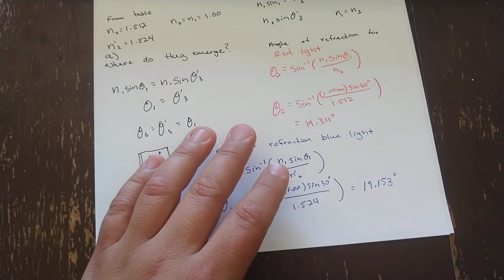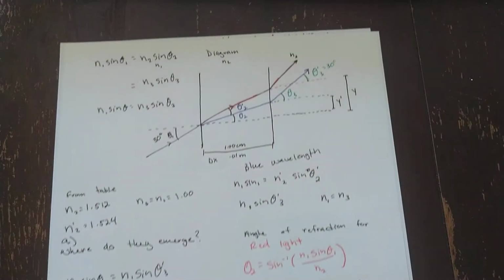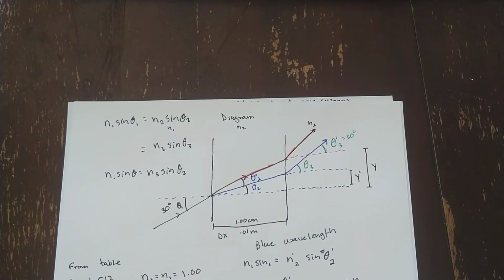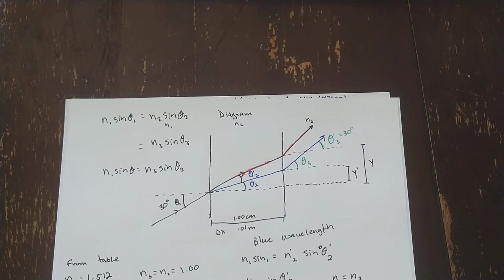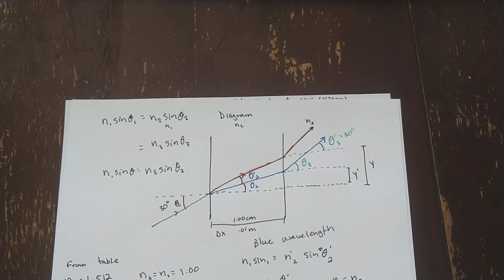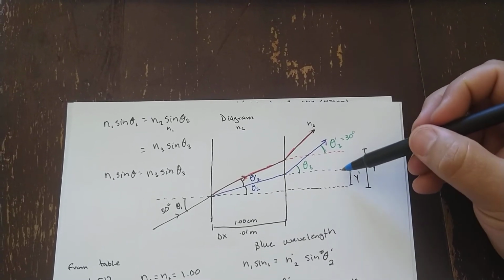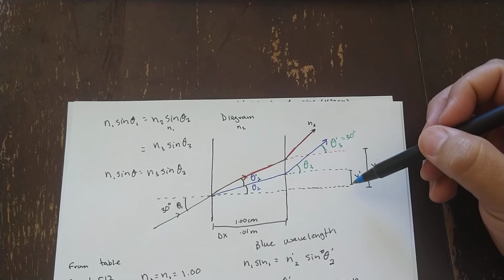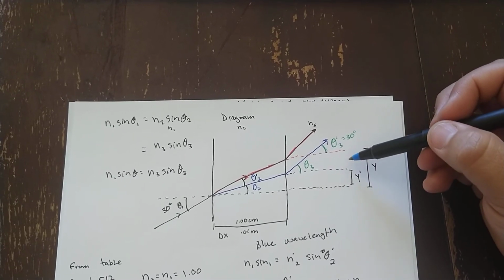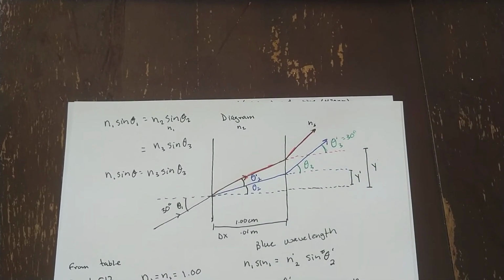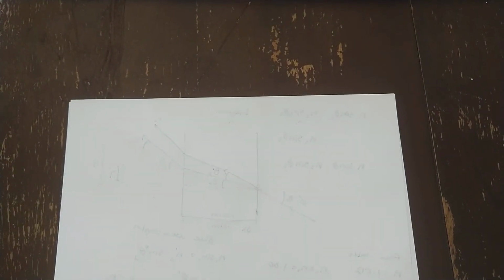Now, let's go back to our diagram really quick and look at some information because we're solving for the distance. If you notice that we got these distances here, we're going to have to use a little bit of trigonometry, specifically the tangent, to solve for the rest.